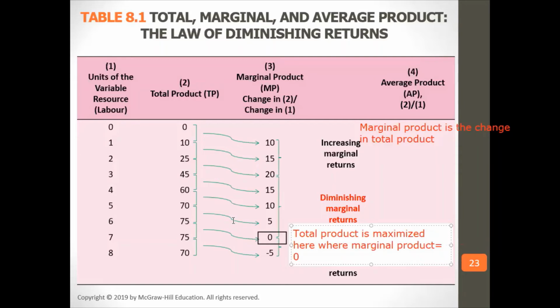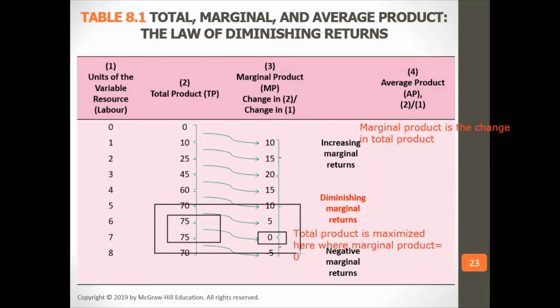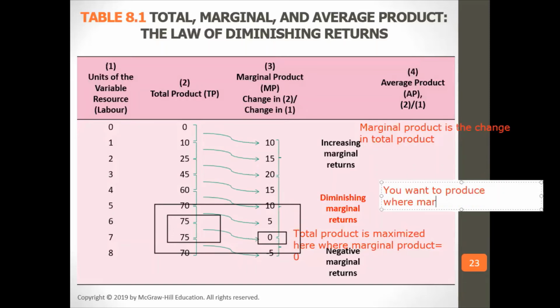So total product is 75 here. So this is where you want to be. So you want to produce where marginal product equals 0. This is where total product is maximized.